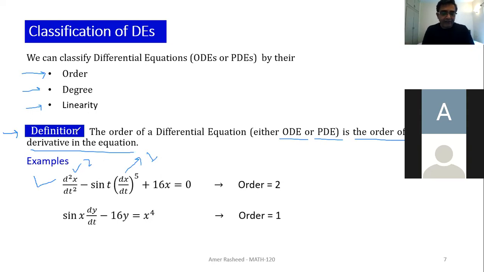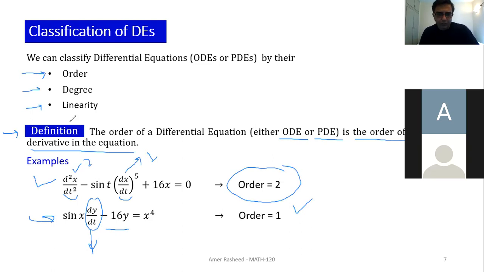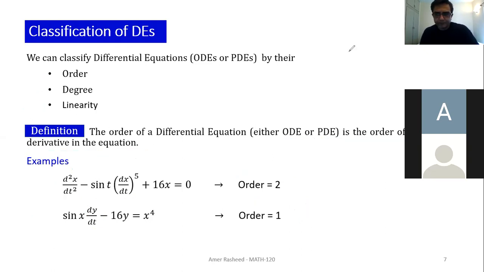So overall, the order of the differential equation is 2. In this other equation, the maximum order is the first order, as there is no other derivative, so this differential equation is of order 1. I hope you got my point.